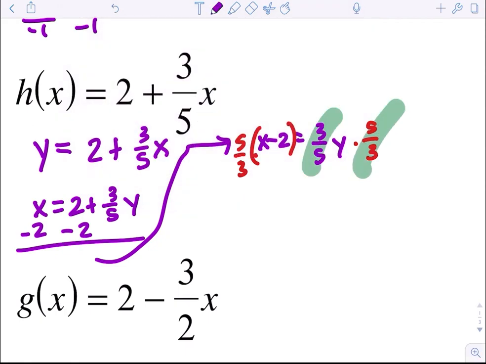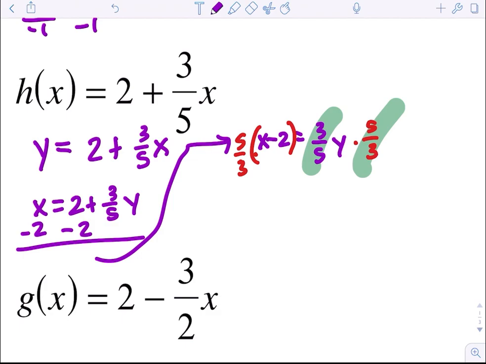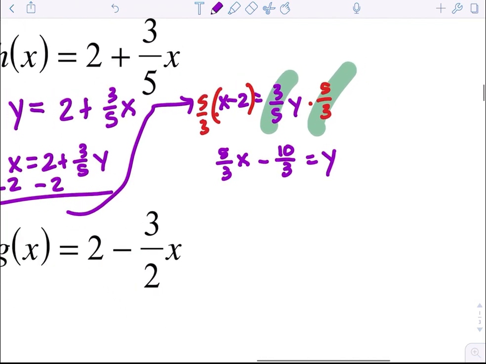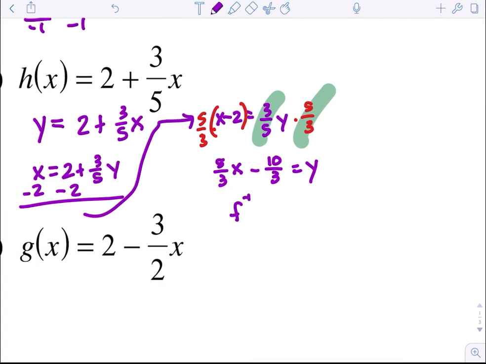These cancel. So you guys are going to get, okay, 5/3 x minus -2 times 5 is 10, and then that's all over just 3, which is equal to y. And now change the y to be f inverse. So f inverse of x is equal to 5/3 x minus 10/3.